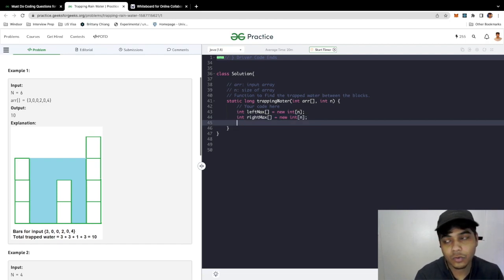And then what else do I need? Yeah, the total water capacity, I guess. I'm just going to set it to 0 initially.